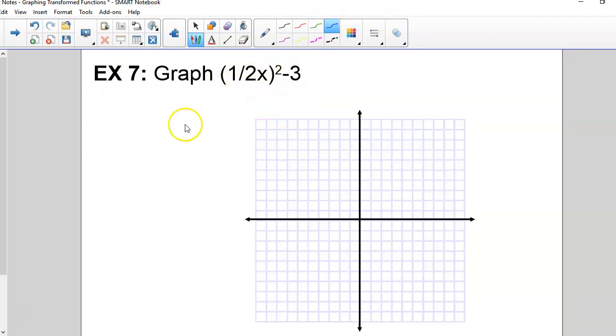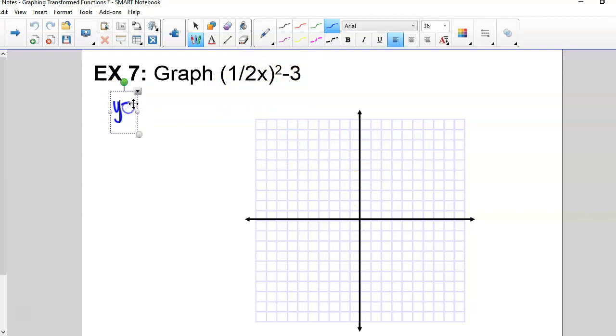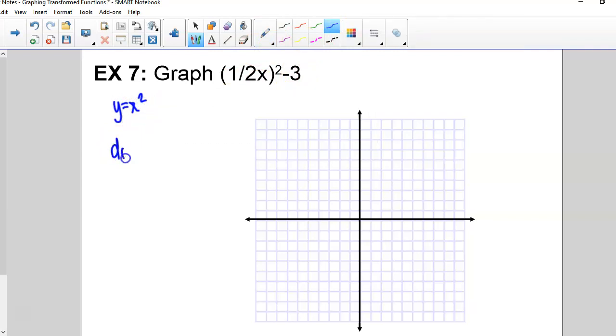So for this one, our parent is a quadratic again. And this minus 3 is going to move the graph down 3. And the 1/2 is on the inside, so it is a horizontal expansion.